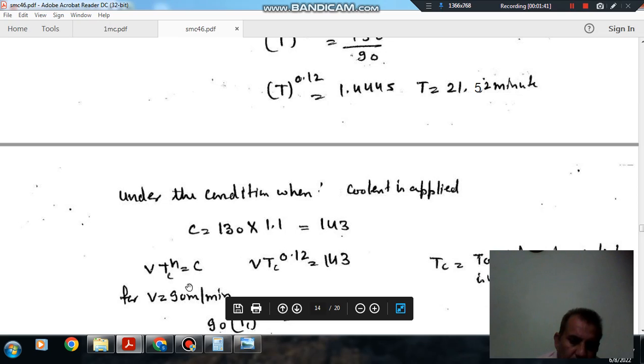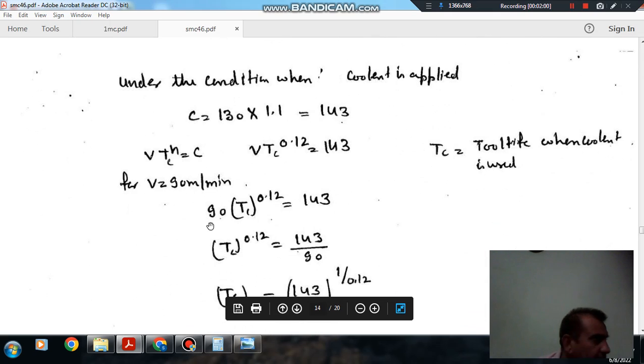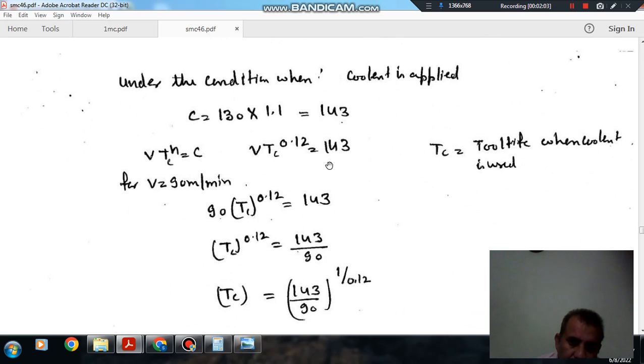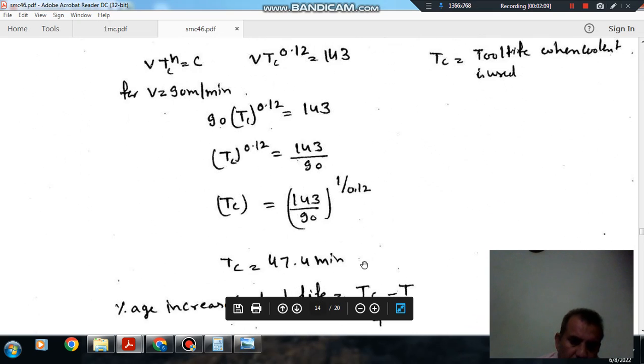Suppose the new tool life is Tc when the coolant is applied, and for the same speed the equation is V Tc to the power 0.12 equal to 143. So V is 90 and C is 143, so we can find out Tc. So Tc is 47.4 minutes.